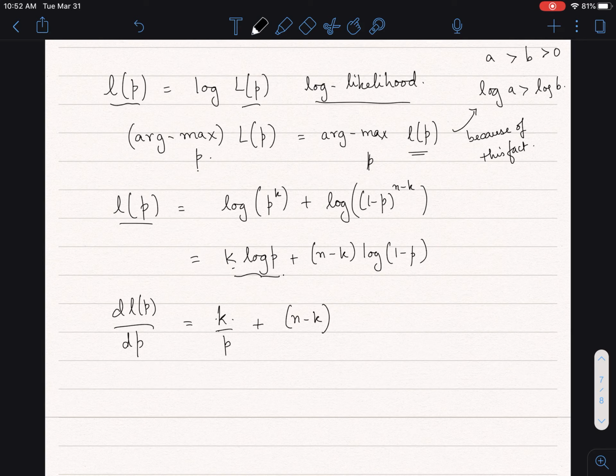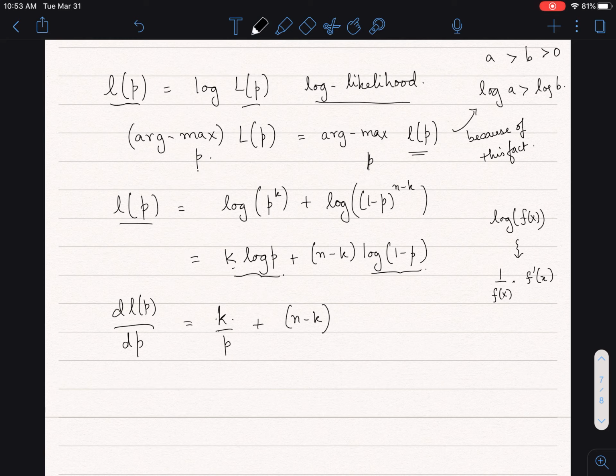How do I take the derivative of log of 1 minus p? I have to use what is called the chain rule. If I have, let's say, log of some function of x and I need to take its derivative, this would be 1 by f of x times the derivative of f of x, which I denote by f prime of x.